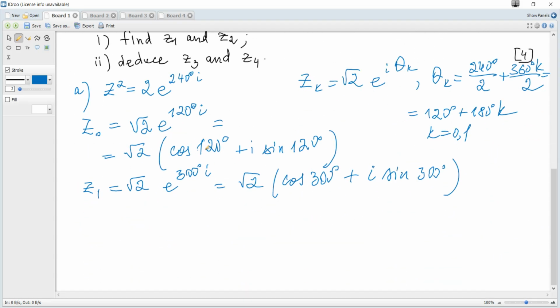So we continue actually this, and we need to calculate the values of cosines and sines.